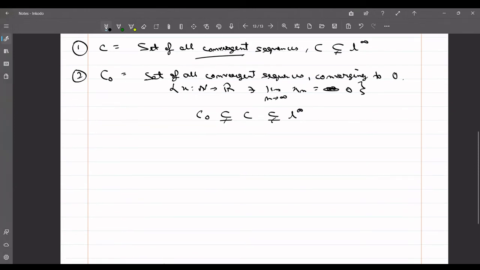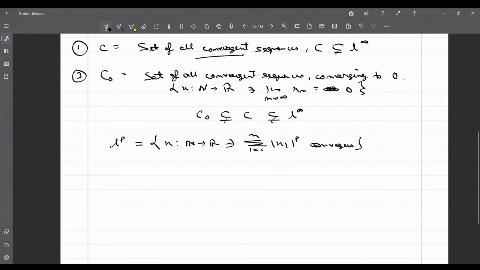Now see, if we talk about LP. What was LP? LP was the set of all those sequences such that the summation i equals 1 to n of xi to the power p converges.